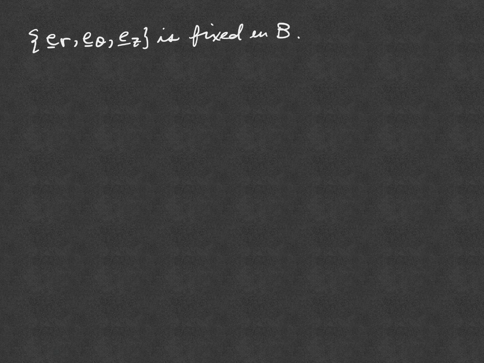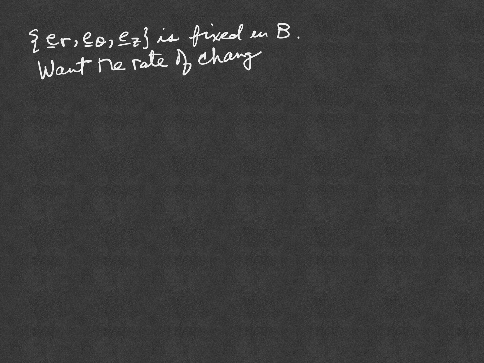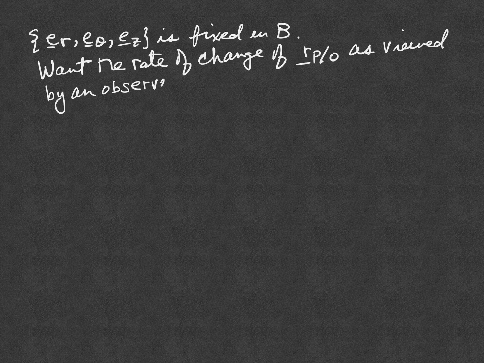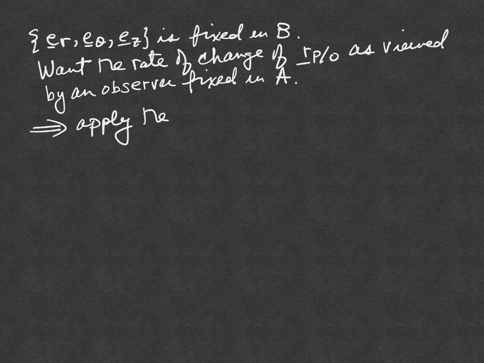So now let's write this out a little bit more. ER, E theta, EZ is fixed in B. We want the rate of change of the position of P relative to O as viewed by an observer fixed in A. So that implies that we need to apply the transport theorem.